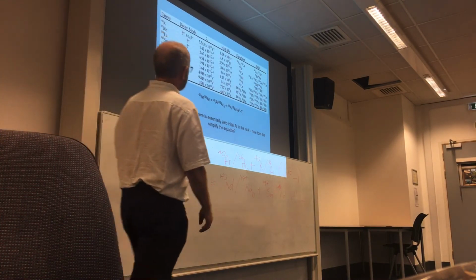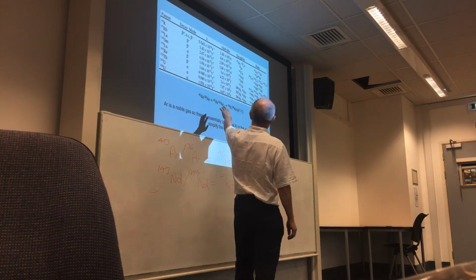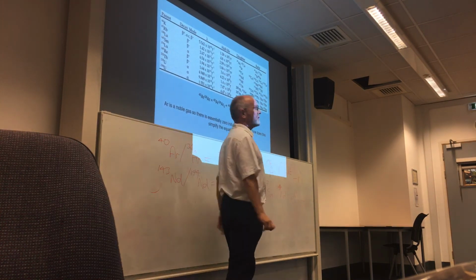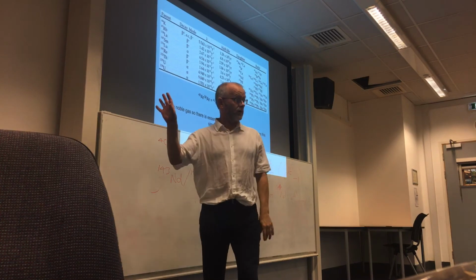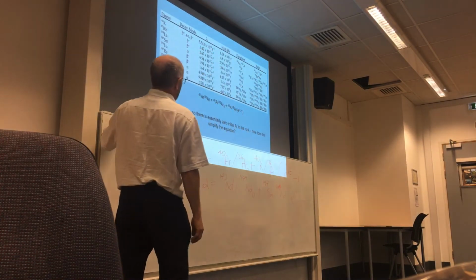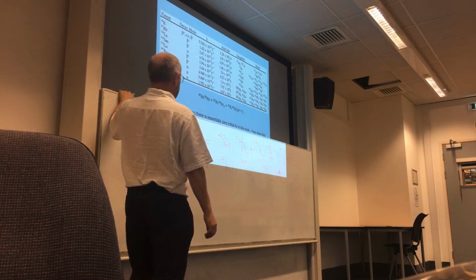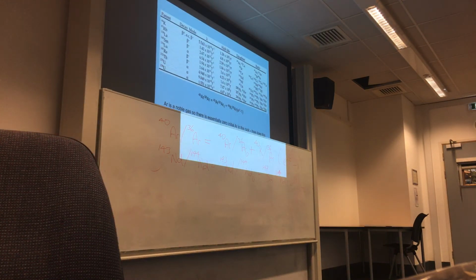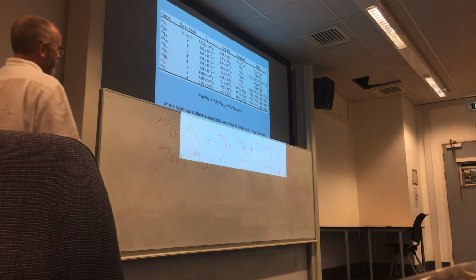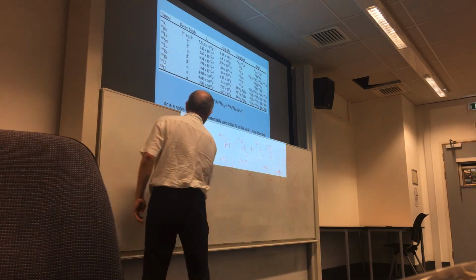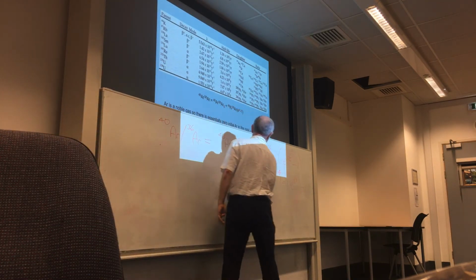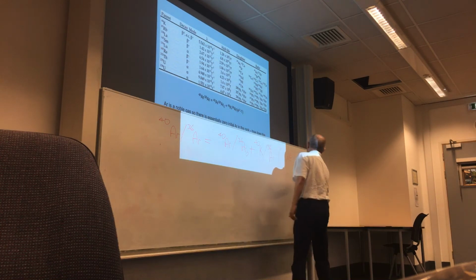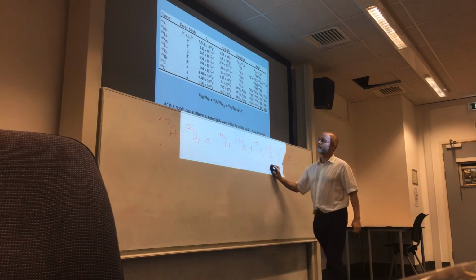So that initial ratio is going to be zero. How can we then simplify our equation? If that ratio is zero, what can we knock out of that equation which makes life a little bit easier?